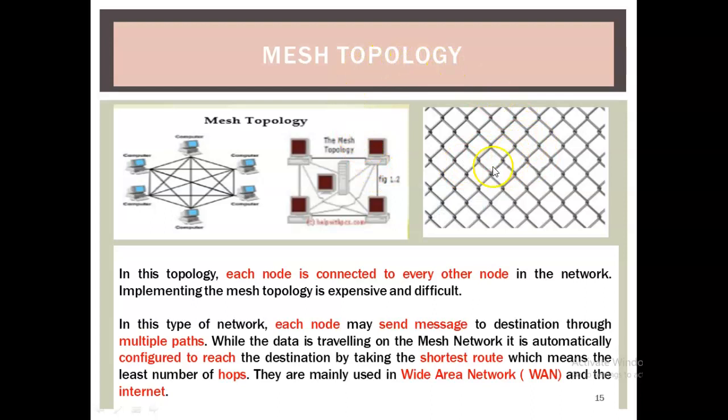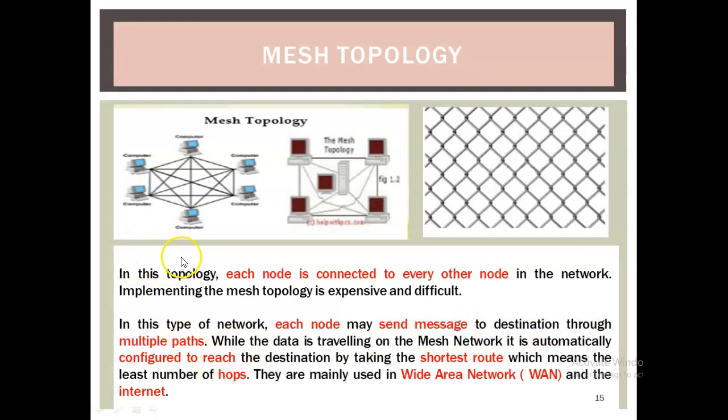I know you might have seen the net mesh used as a fence or as a kind of protector on our windows. In this mesh topology, each node, each computer device is connected to the network, as in they are interconnected. Each node may send messages to the destination through multiple pathways.